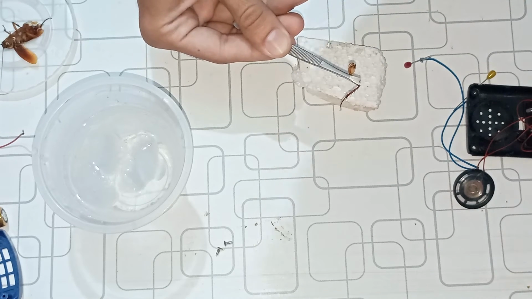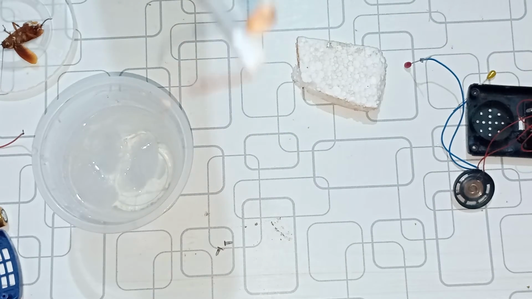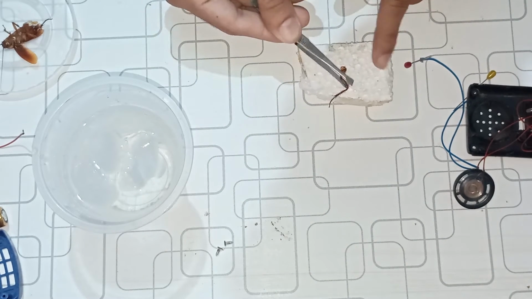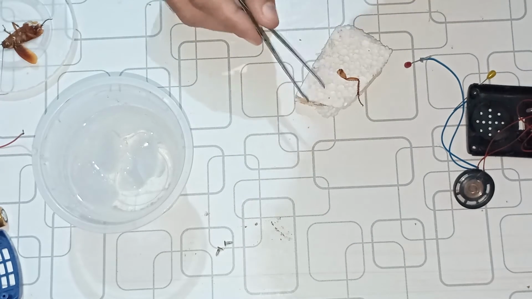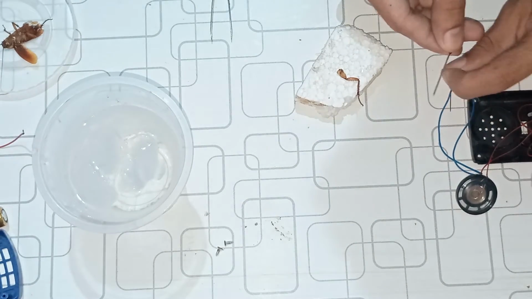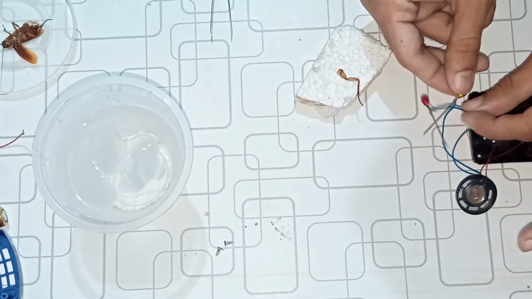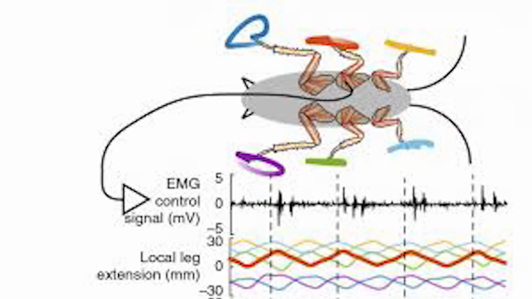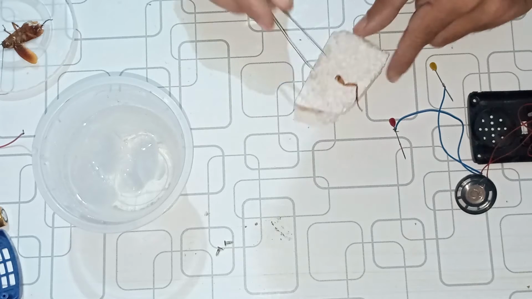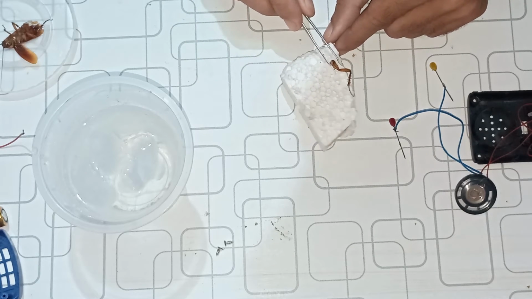Here you can see I have this cockroach leg, if you see this properly. So let me insert electrodes. As you can see we have these electrodes, so they change the frequency in the cockroach leg. So let me insert these electrodes in the cockroach leg.